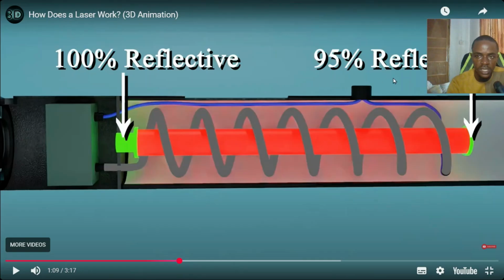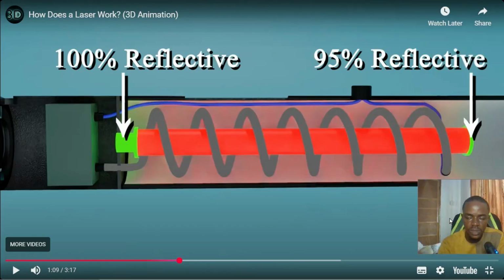You can see here we have the reflective mirror, the first one and the second one. Remember the diagram I showed you. Here the mirror is 95% reflective, but this place is 100% reflective, so you won't have any opening here.